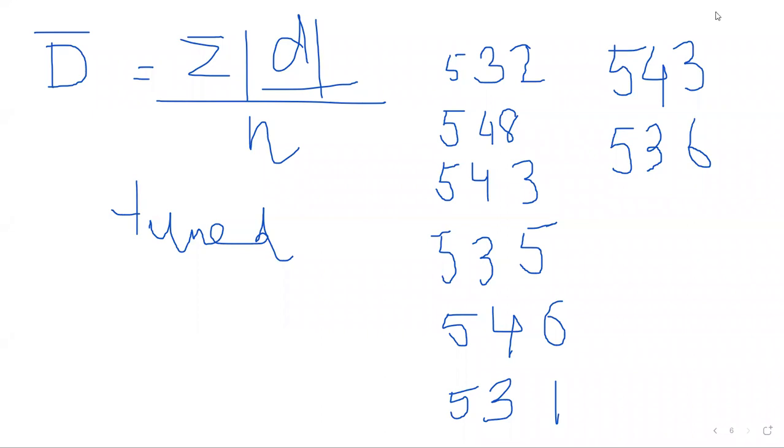Fourth question, standard deviation. And fifth question is variance. So there are 5 parts in this question: first, arithmetic mean; second, deviations from the mean; third, average deviation; fourth, standard deviation; and fifth, variance.